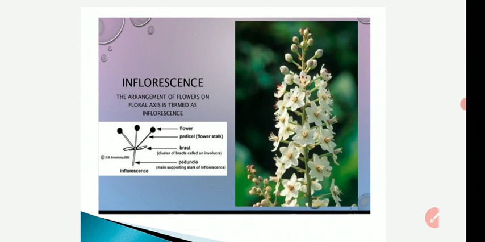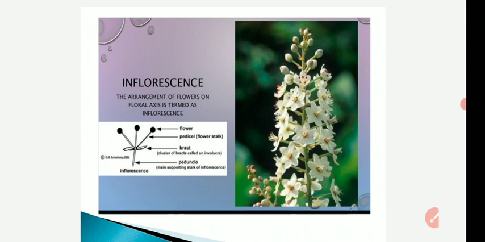So here in this slide, the different parts of inflorescence are shown. That is inflorescence, which is an arrangement of flowers on a particular stalk or axis, that is called a peduncle, the main supporting stalk of inflorescence. Later, bract, a cluster of bracts is called an involucre.